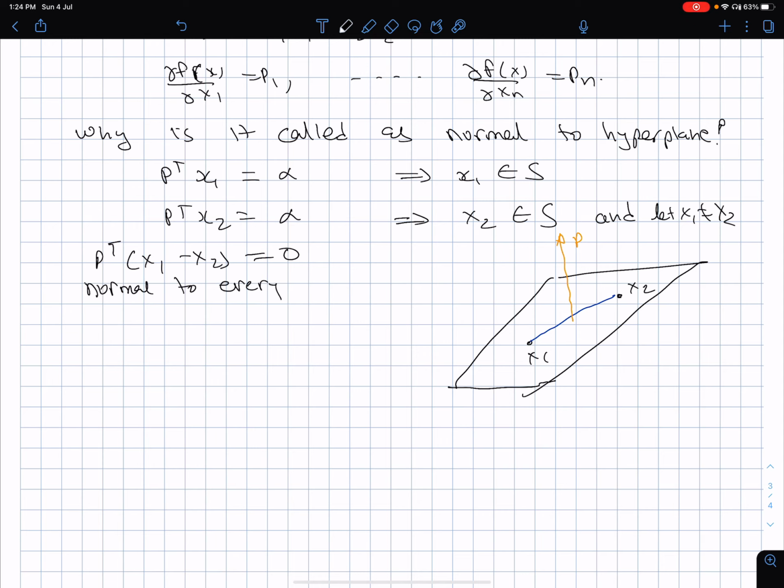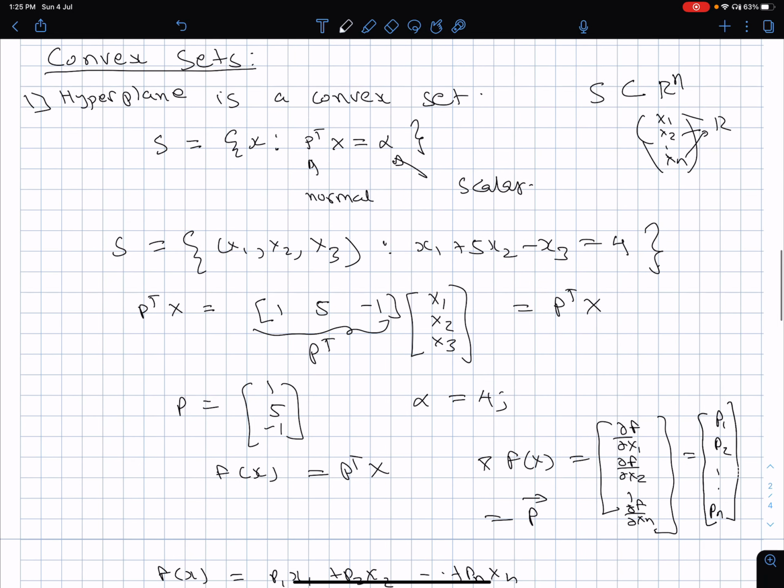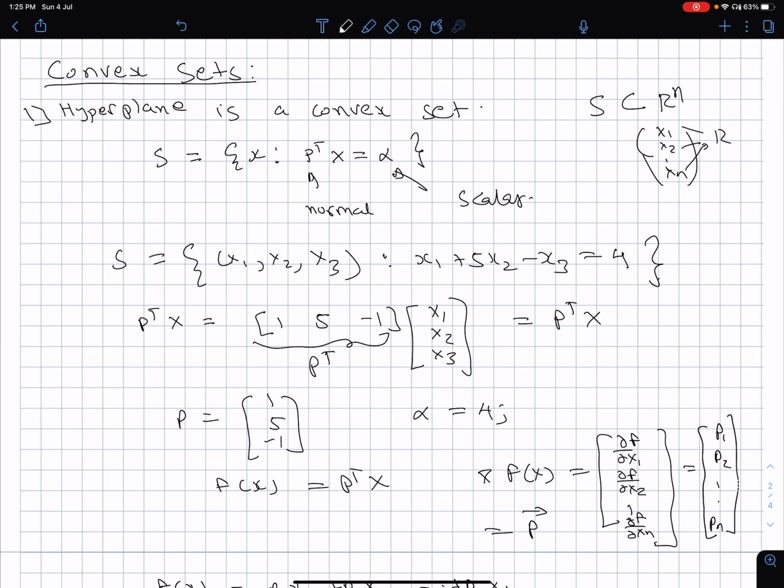P vector is normal to every vector or line in the plane. Hence it is normal to the plane itself, and hence P is also called the normal of the hyperplane. Okay.